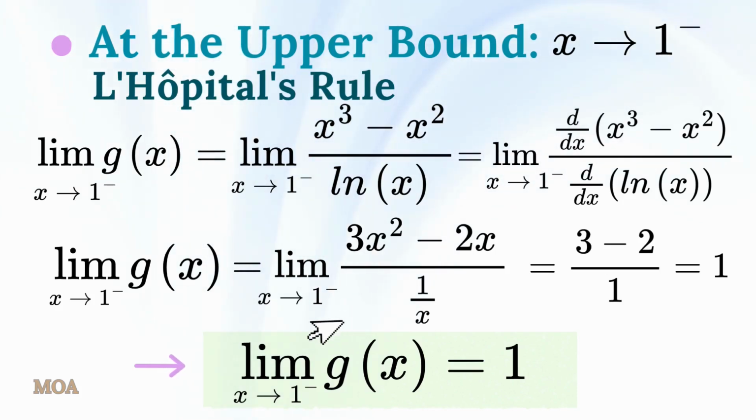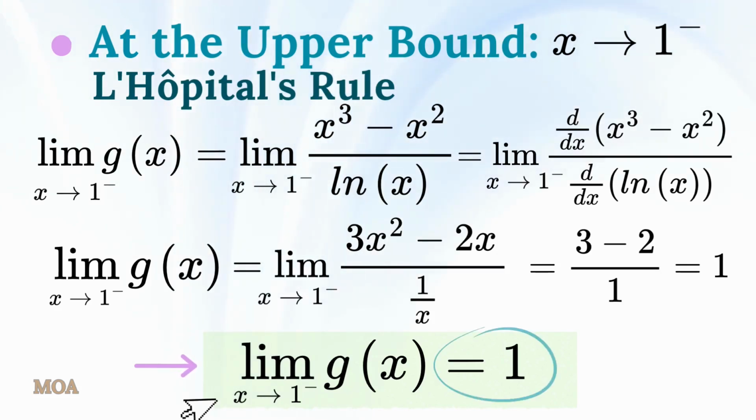This yields the limit as x approaches 1 from the left of (3x^2 - 2x) divided by 1/x. Substituting x equals 1 gives (3 - 2) divided by 1. This simplifies exactly to 1. Thus, the limit as x approaches 1 from the left of g(x) equals 1.